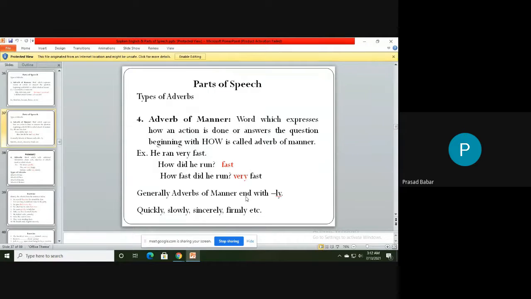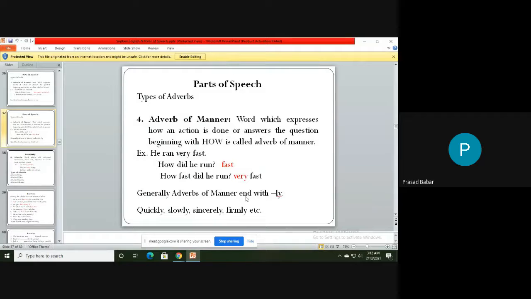If we ask the question how to that sentence, then the answer that comes will be the adverb of manner. Example: he ran very fast.